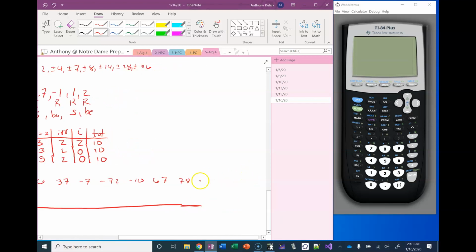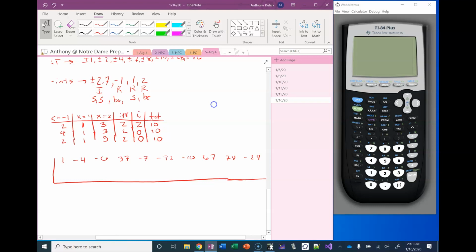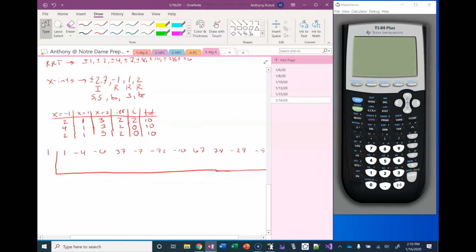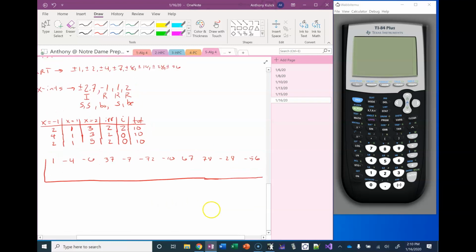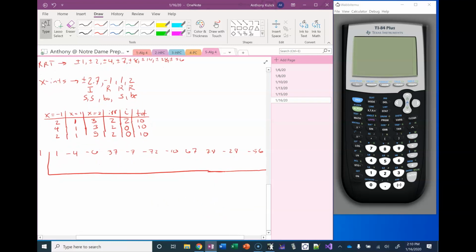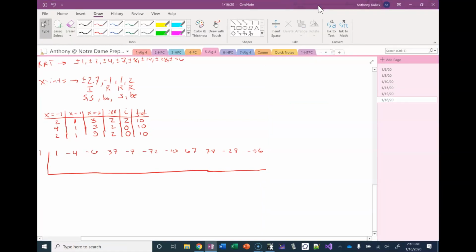Now, somebody asked me earlier today, does it matter the order in which I pick my numbers to do the synthetic division? What do you guys think the answer is? Sometimes. Now, we haven't yet run into a situation in which it did matter. Right? After all the problems that we've done, it wouldn't have mattered.